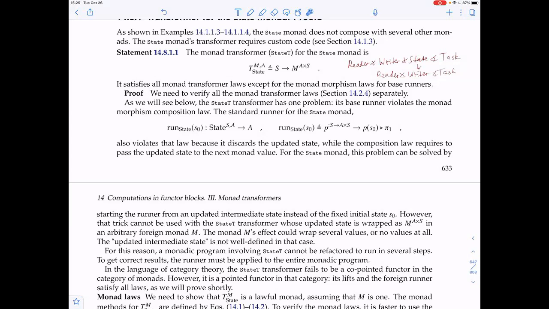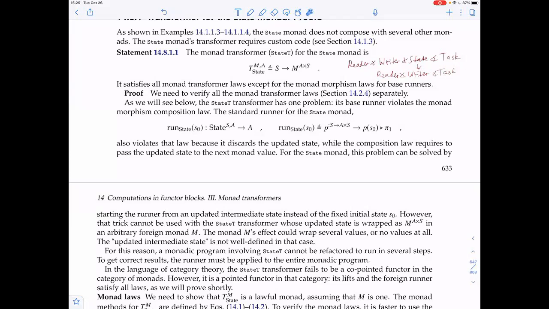The base runner for the state monad does not satisfy it. And this is because when you run this, the state has been updated, but this is not shown. The state is not given here. So you cannot run the second part of your program starting from the correct initial state. That is the main reason why this fails.